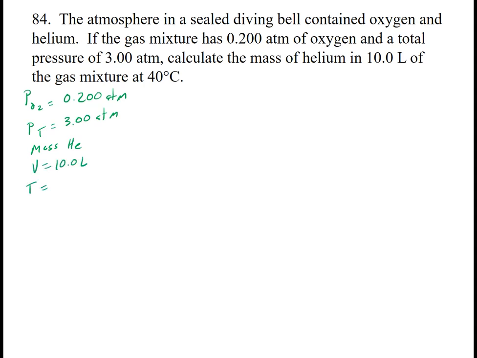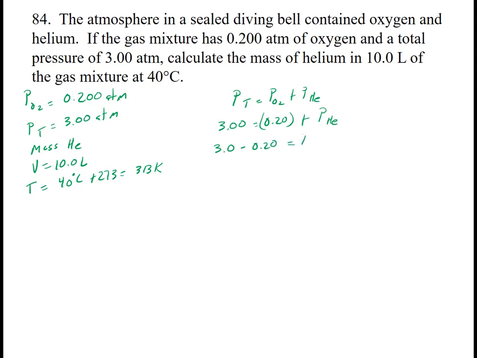I have a temperature of 40 degrees C, which plus 273 gives me 313 K. So the short way of doing this is to realize that the total pressure is the pressure of O2 plus the pressure of helium. So I have 3.0 equals 0.20 plus the pressure of helium. So 3.0 minus 0.20 gives me the pressure of helium. So I have 1.80 atmospheres as the pressure of helium.